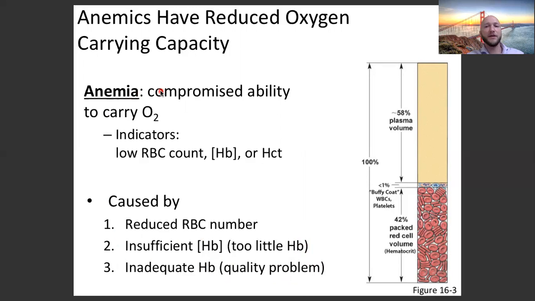Anybody who has anemia has a compromised ability to carry oxygen. Indicators: low red blood cell count. So if you did standard blood labs on a patient in front of you, and you noticed they had too low of a red blood cell count, think anemia. Too low hemoglobin concentration, or too low of hematocrit, think anemia.